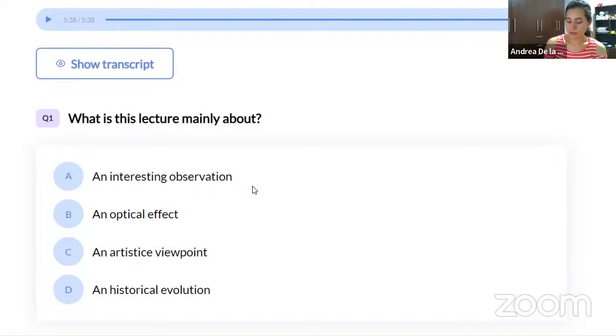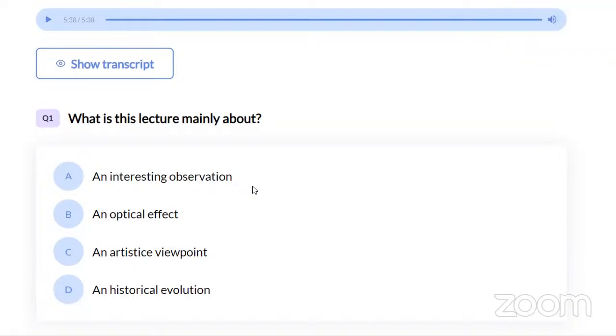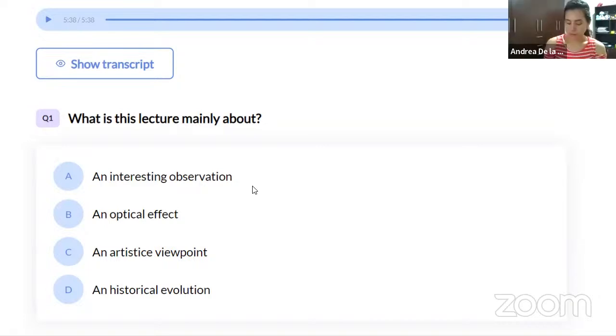Why an optical effect? Because an optical effect is the definition of perspective, I think. So I deduce it. Exactly, perfect, Fernando.